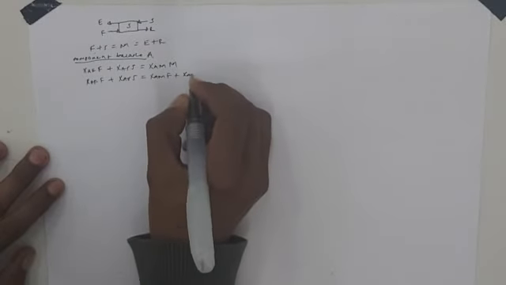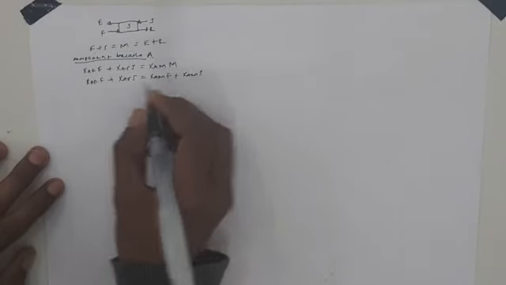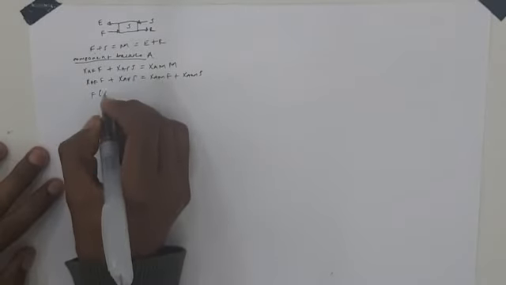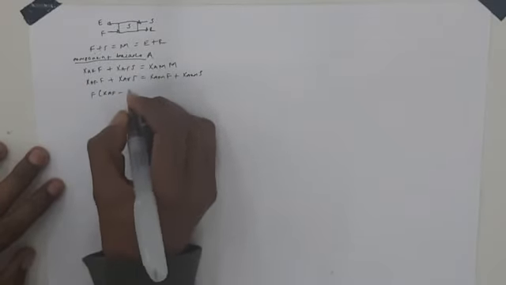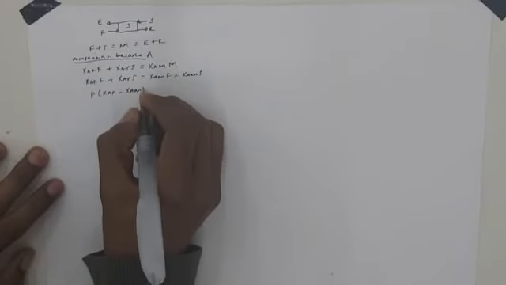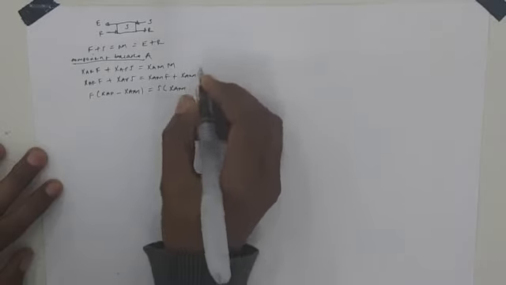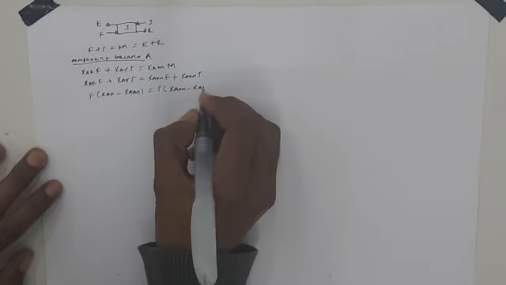If we substitute, XAF times F plus XAS times S, which is XAM times F plus XAM times S. So if we take a common F, which is XAF minus XAM, which is S into XAM minus XAS.